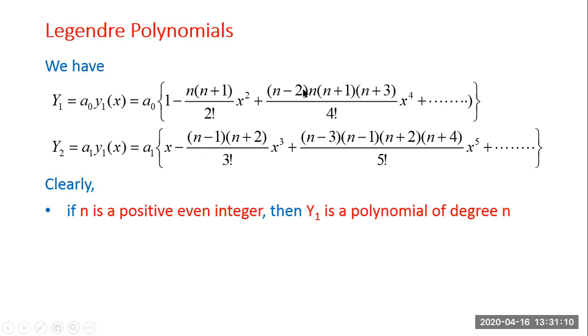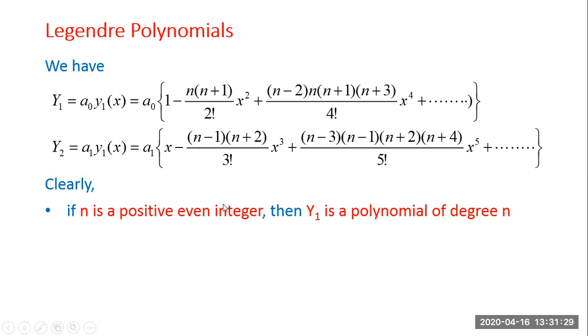So every term contains n minus 2. If I take n equal to 2, then from the third term onwards, all terms will become 0. So we get only a naught into 1 minus some constant into x square. This becomes a polynomial of degree 2.